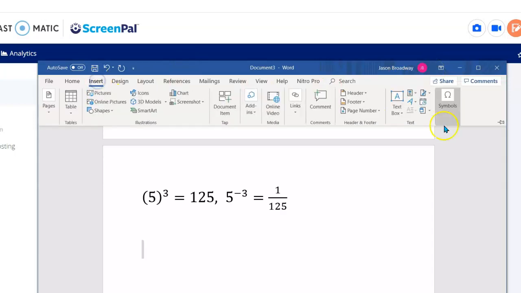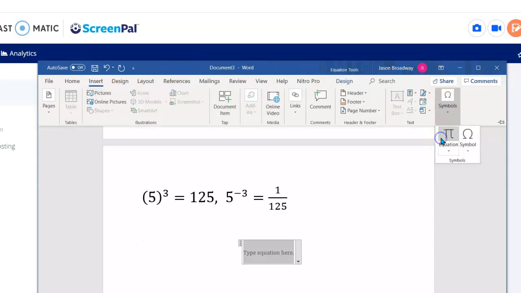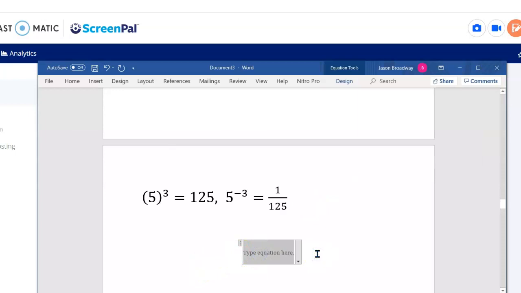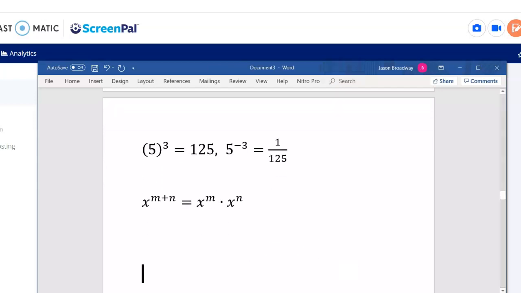Let me go to Insert, Equation, and let's do this: x to the power of m, as in Michigan, plus n, as in Nebraska, equals x to the power of m times x to the power of n. So, like that.